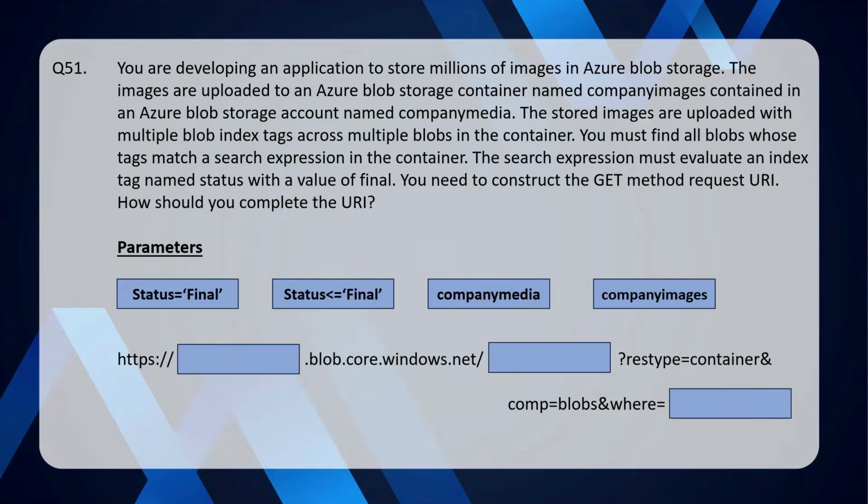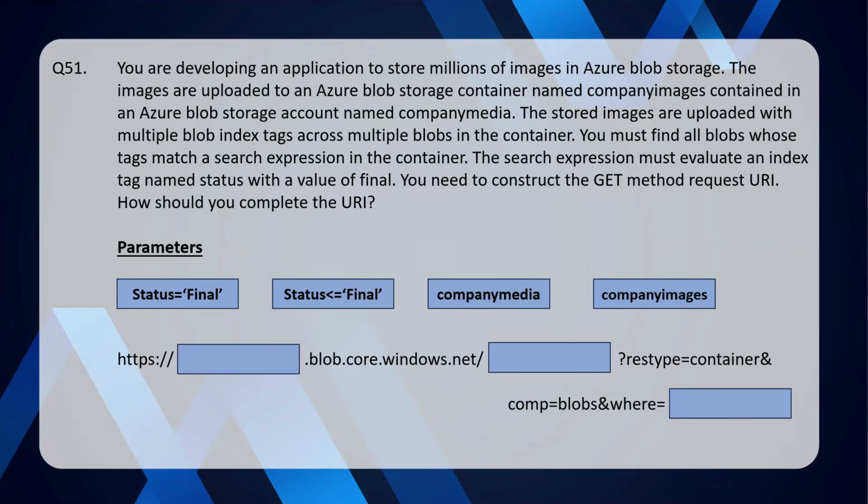The search expression must evaluate an index tag named status with a value of final. You need to construct the GET method request URI. How should you complete the URI? The parameters given in the options are status equals final, status less than equals final, company media, company images.